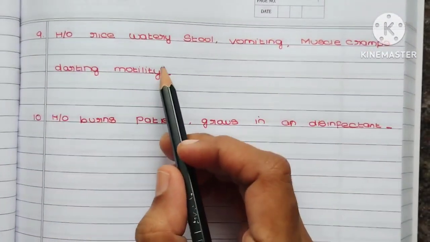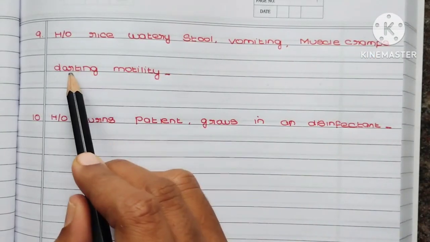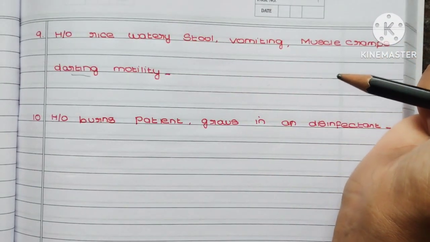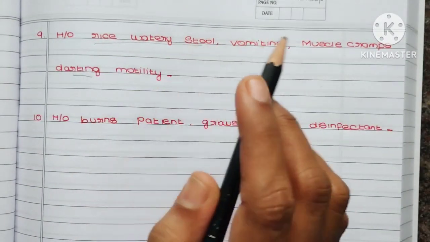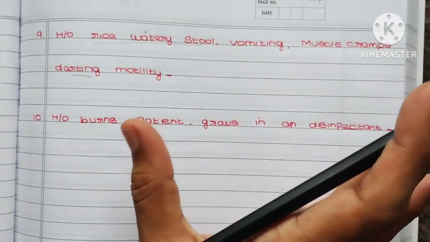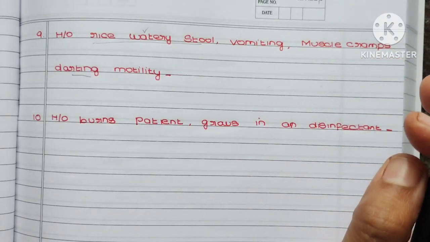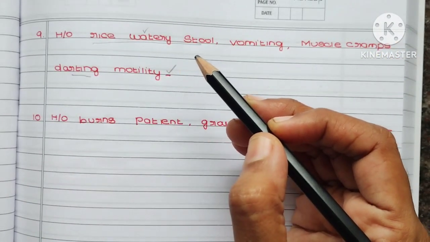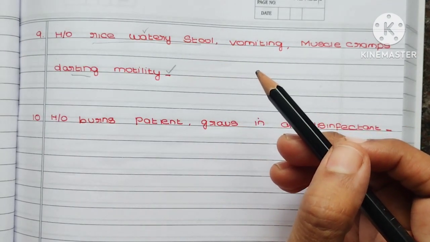Here, history of rice watery stool, vomiting and muscle cramps, and the organism shows darting motility. Again, this is a previous year question. Whenever it comes as rice watery stool, you can make out it is cholera, but I am not sure they will give this clue directly. What they can give is that the patient presents with diarrhea and the organism showed darting motility, and there was a severe electrolyte imbalance.